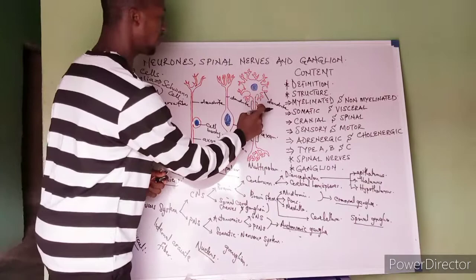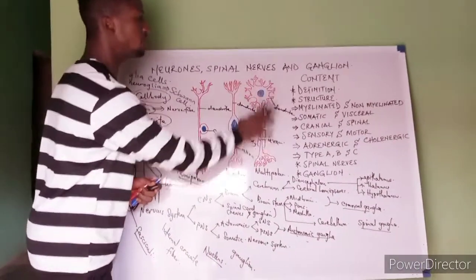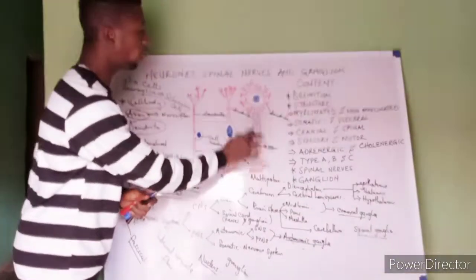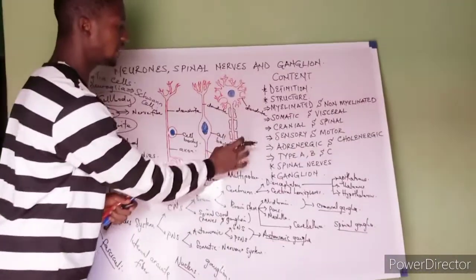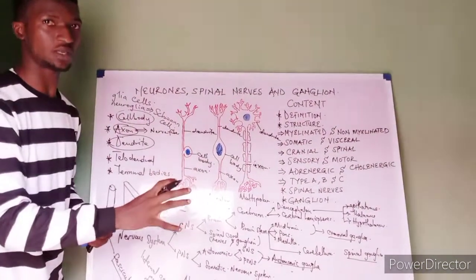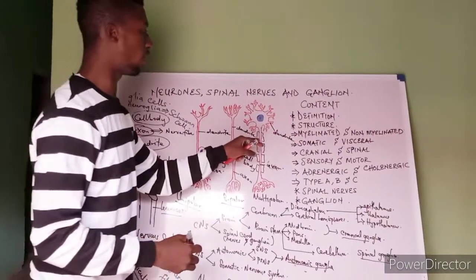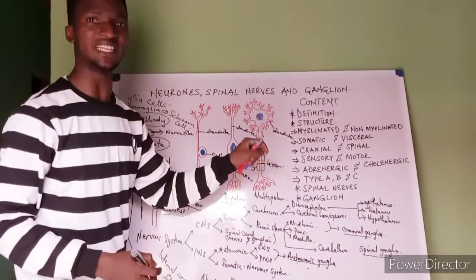If these Schwann cells form the glial cells here, then this makes it myelinated. But if it is non-myelinated, then it does not contain the neuroglia cells, like the Schwann cells. Because these glial cells form what is referred to as myelin sheaths.